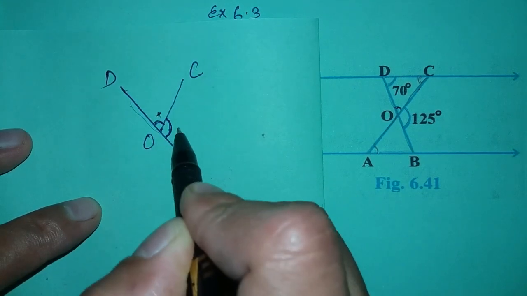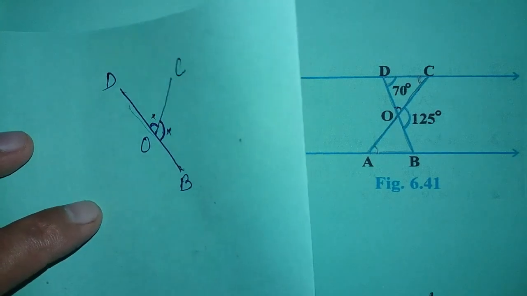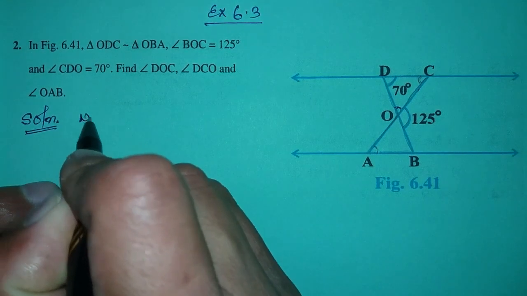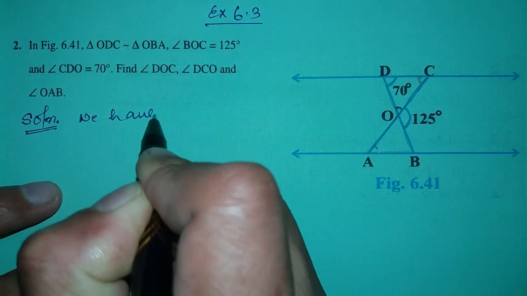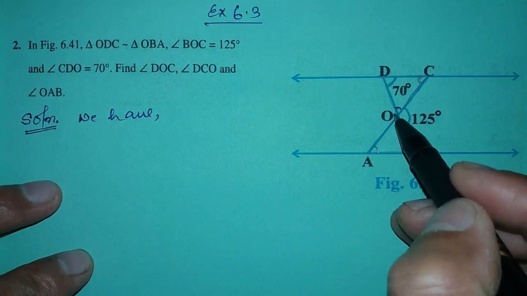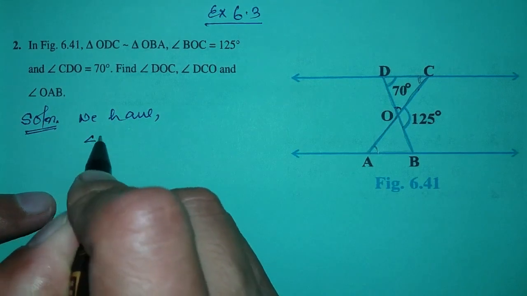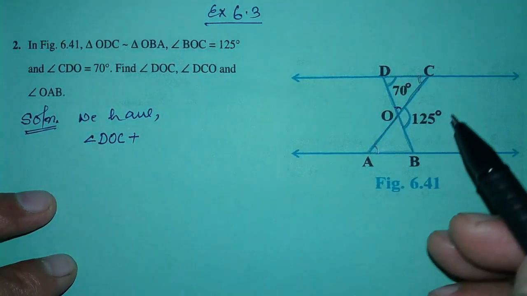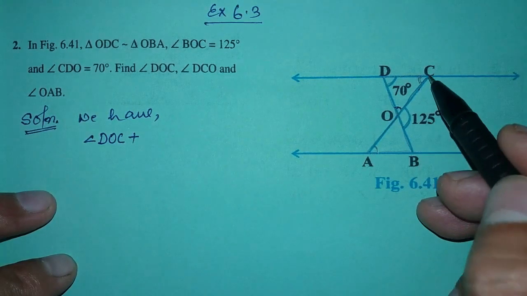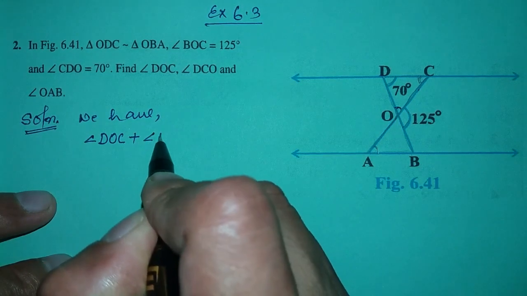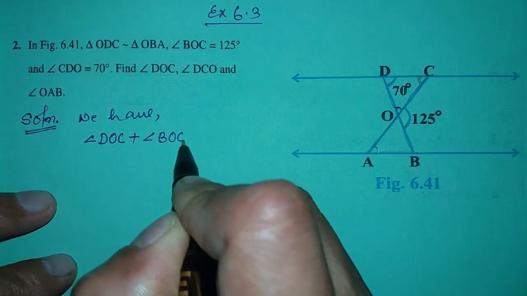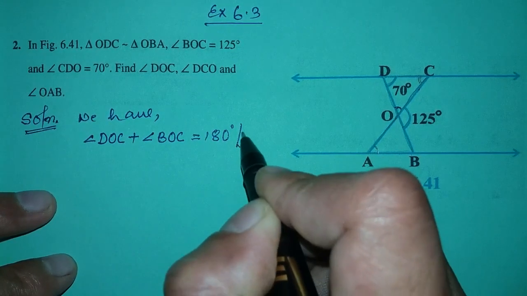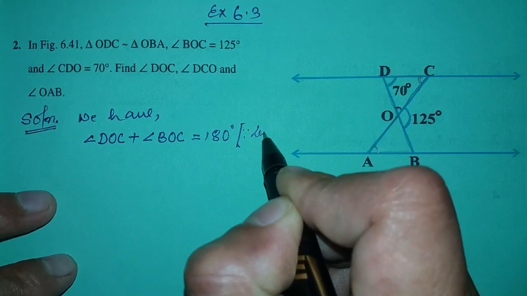If you add these two angles, you will get 180 degrees. So angle DOC plus angle BOC is equal to 180 degrees, because these two angles form a linear pair.